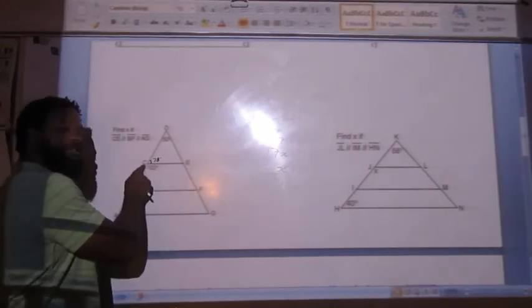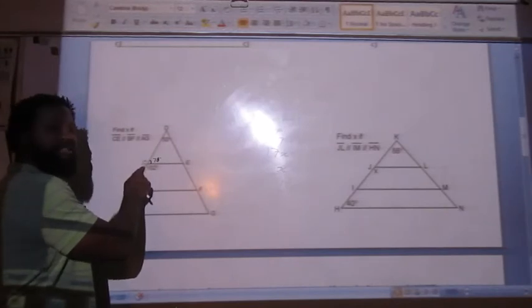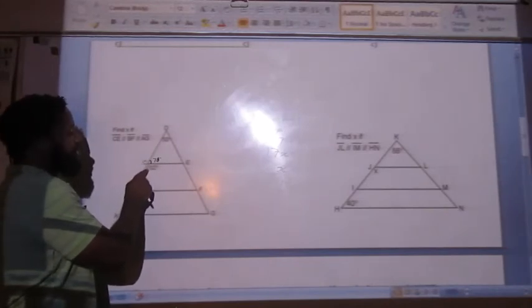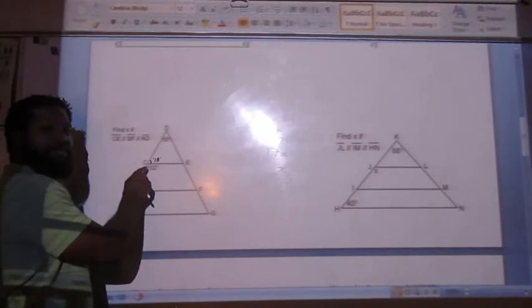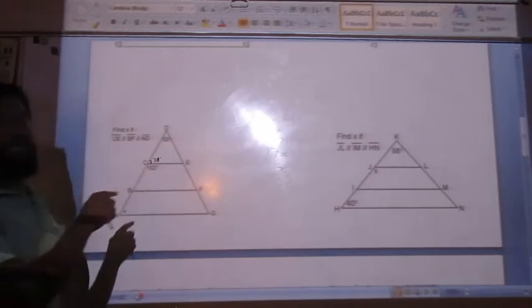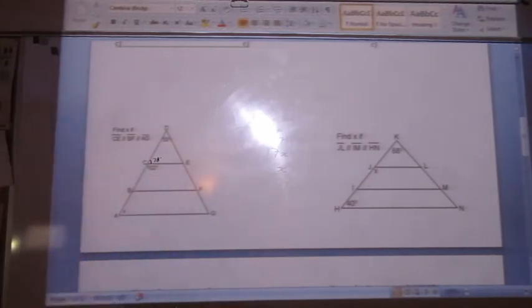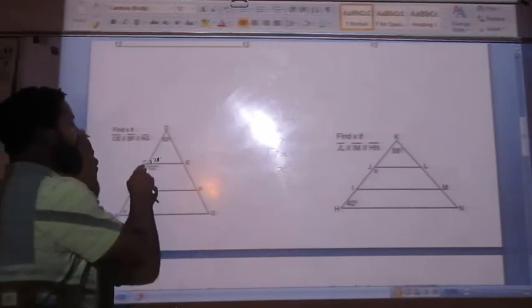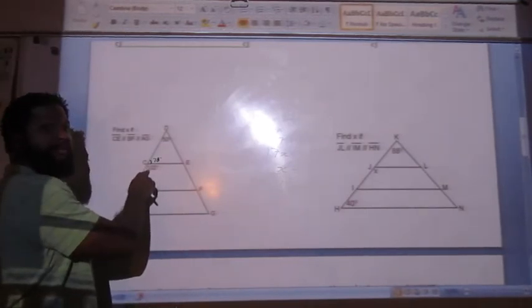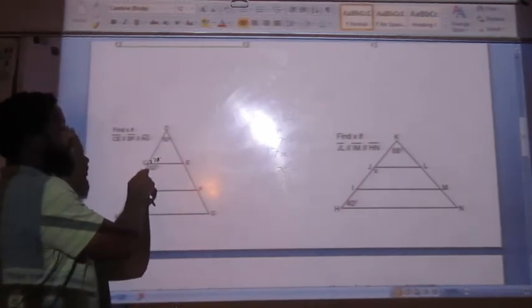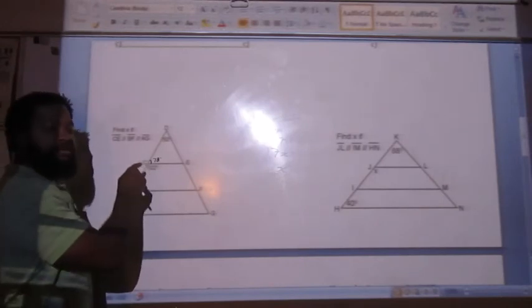Look at C. You have two parts of C, right? You have 102, and on the other side of C, you have an acute angle.